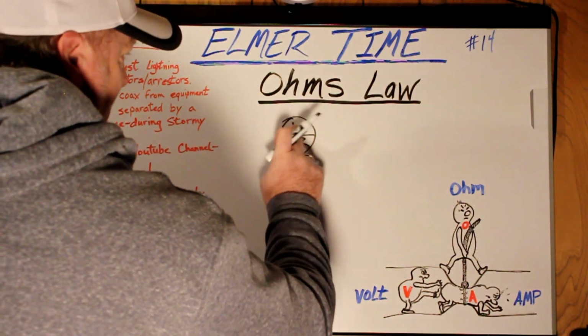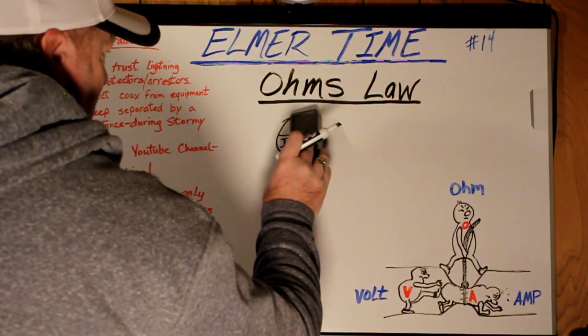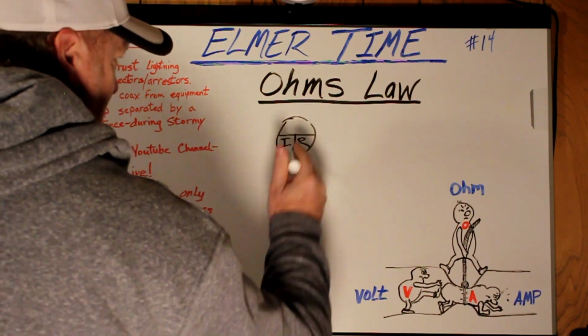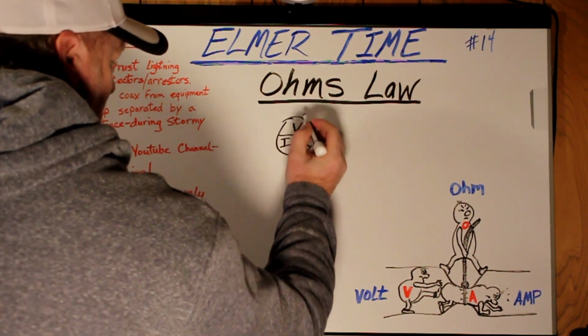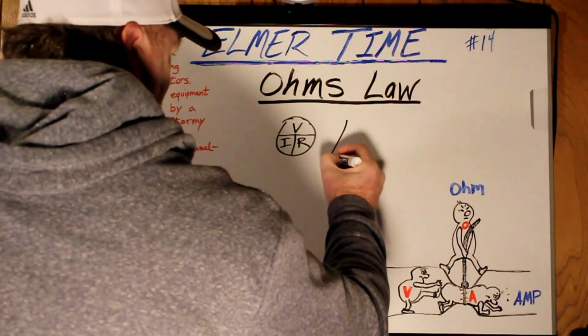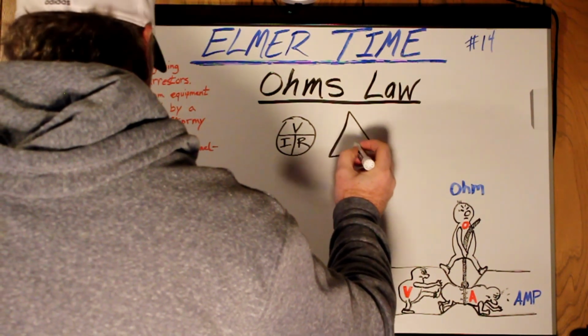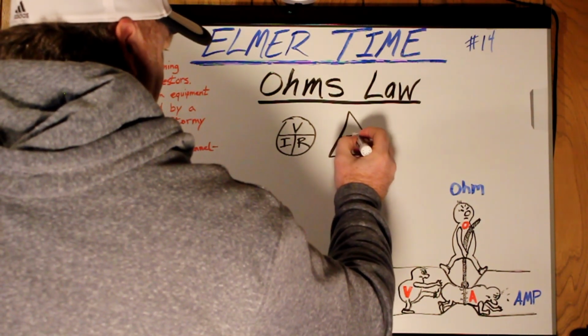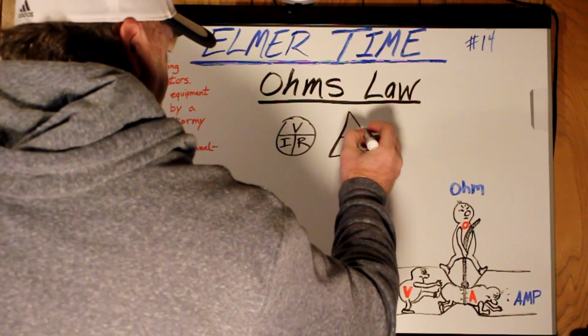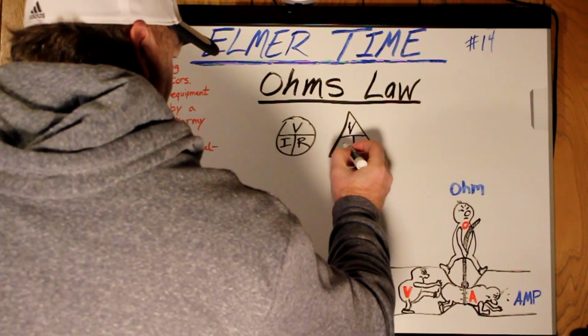Or you could have an E here instead of a V. But just to make it easy, let's just go with the V. However, I found out later that most electronic technicians called it a triangle instead of a circle, but with the same formula.